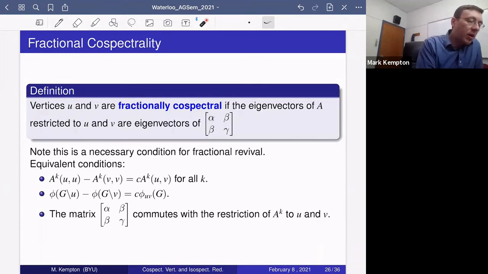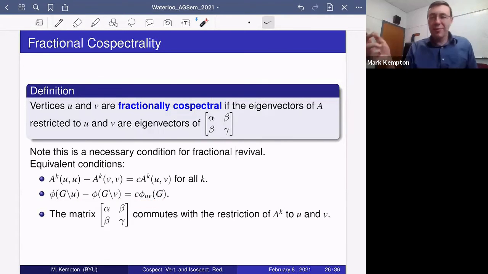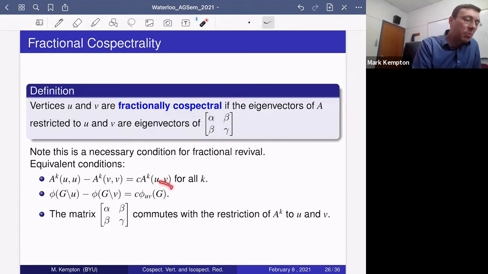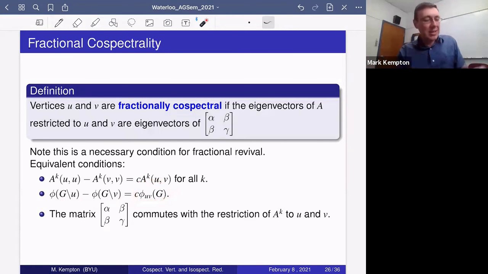In particular, the walk counts, rather than being equal to each other, differ by some constant times the walk counts from u to v. The characteristic polynomial of G minus u and G minus v, rather than equaling each other, differ by some constant times this phi sub uv. I haven't really said what that is. It's an important polynomial that comes up in the study of cospectral vertices.